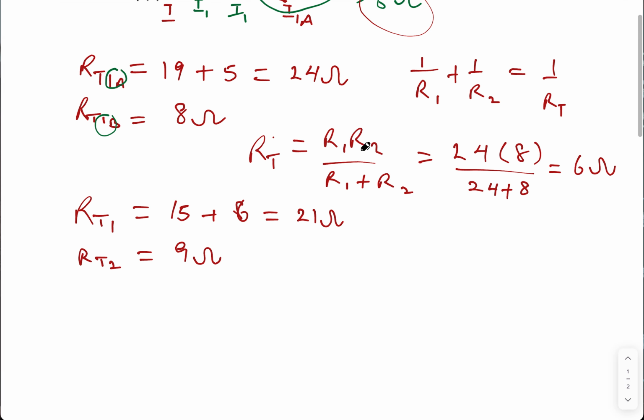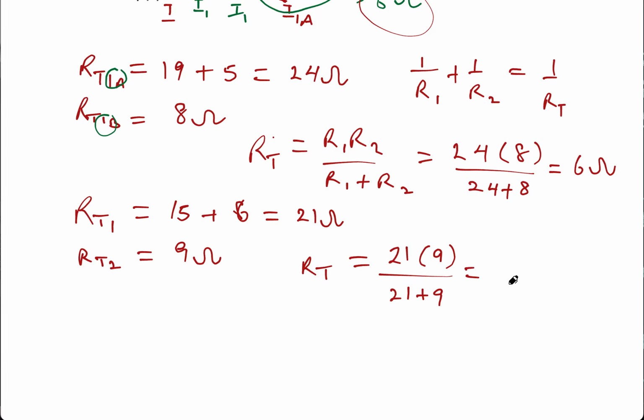So therefore, we can find the total resistance between this RT1 and RT2. The total resistance for this one will now be, using the same thing again, R1 R2 divided by R1 plus R2. That will be 21 multiplied by 9, everything divided by 21 plus 9.